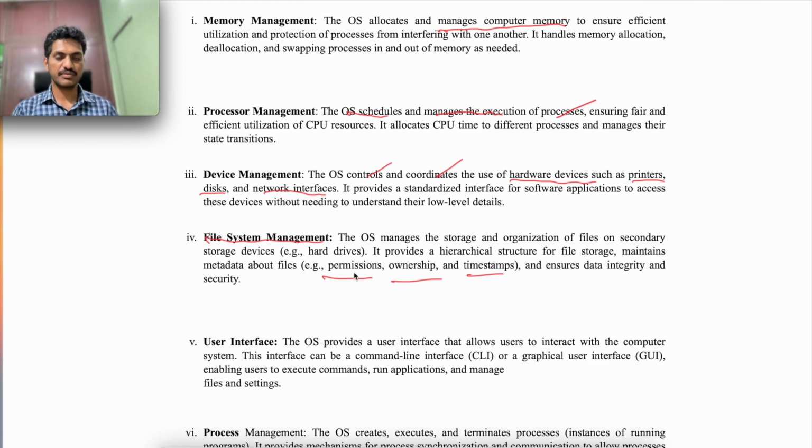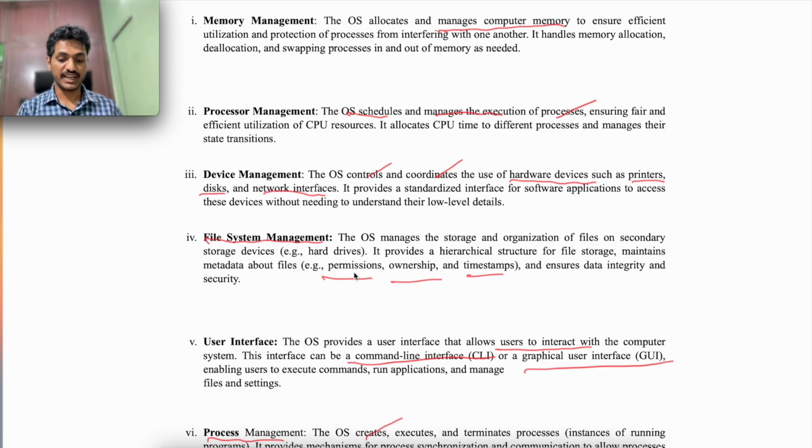Interface. Interface means how you are going to interact with the computer. You can interact with the GUI, graphical user interface, or command line. Next one, process management.